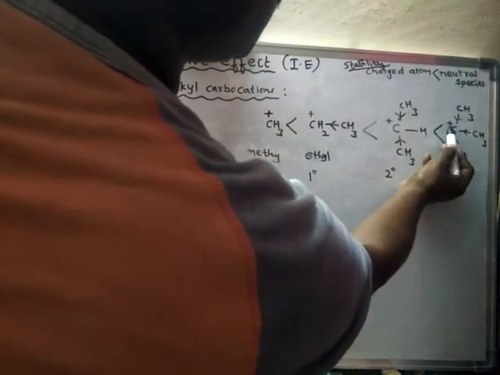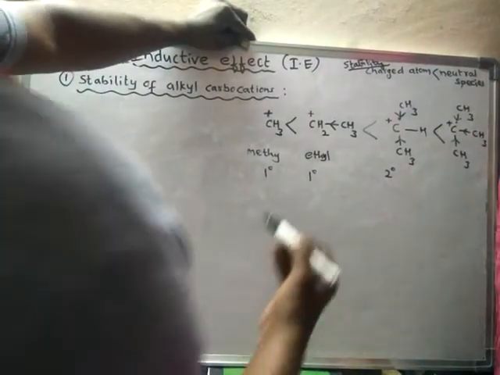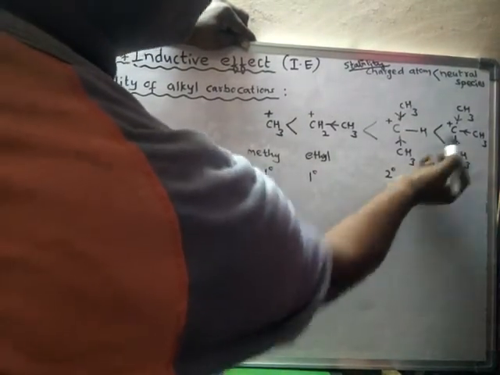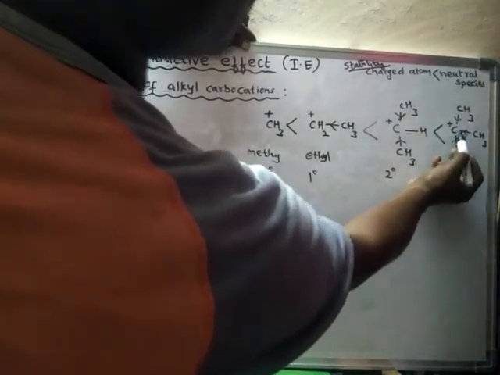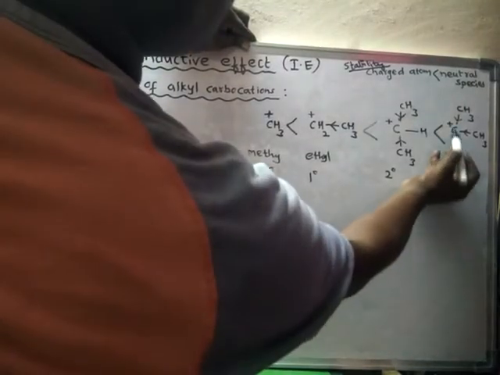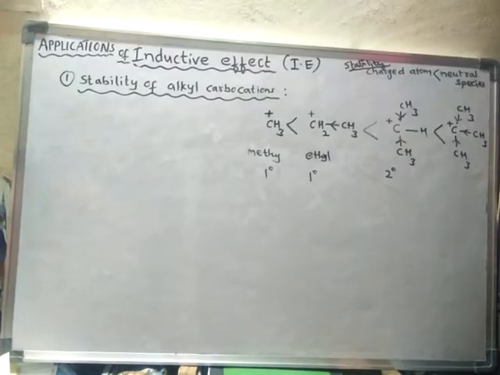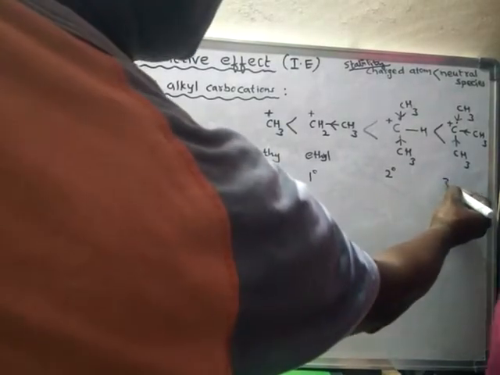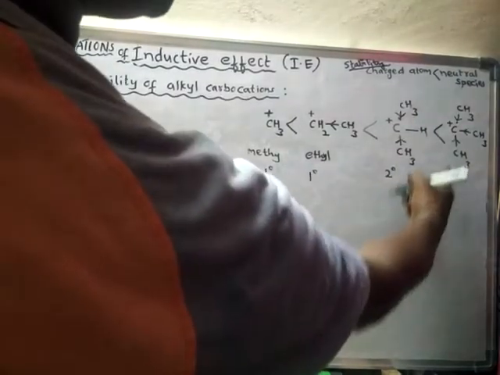Some of the charge is shared by the methyl groups, because these methyl groups release electrons onto this carbocation. As a result, the charge on the carbocation decreases, and its stability increases. So it is called a tertiary carbocation.